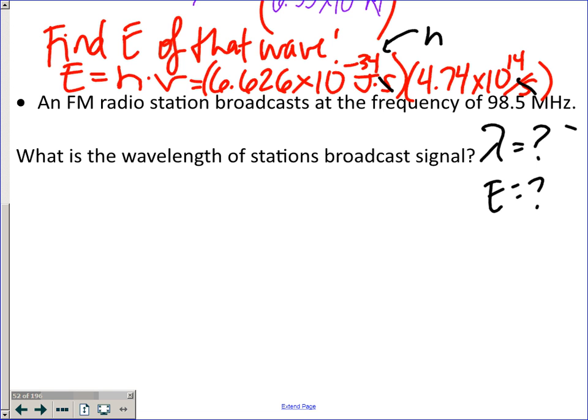Is it 9.85 times 10 to the 8? You get 9.85 times 10 to the 8.